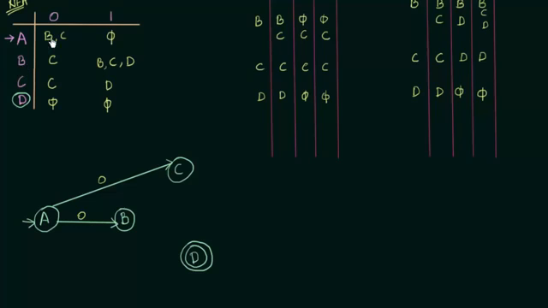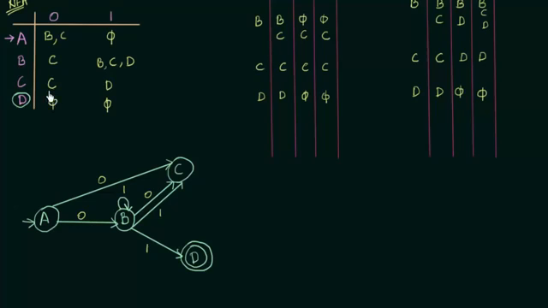B on input 0 goes to C. And on input 1, B goes to B itself, C and D, so B goes to B itself, and it also goes to C and D on input 1.